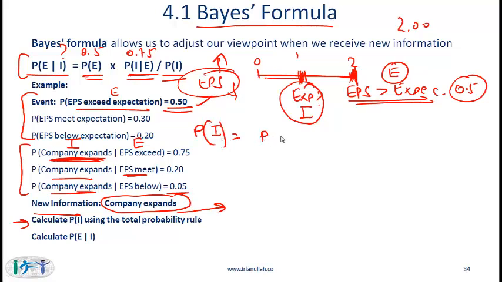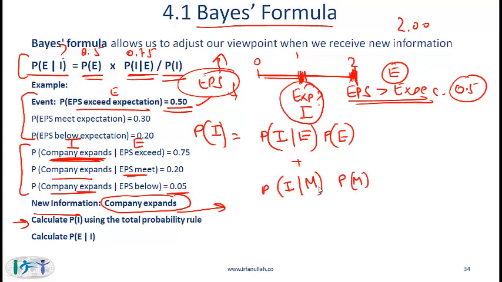It is the probability of information given the event being EPS exceeds expectations, times the probability that EPS will exceed expectations, plus the probability of the information, i.e. company expands, given that EPS meets expectations, times the probability that EPS will meet expectations.